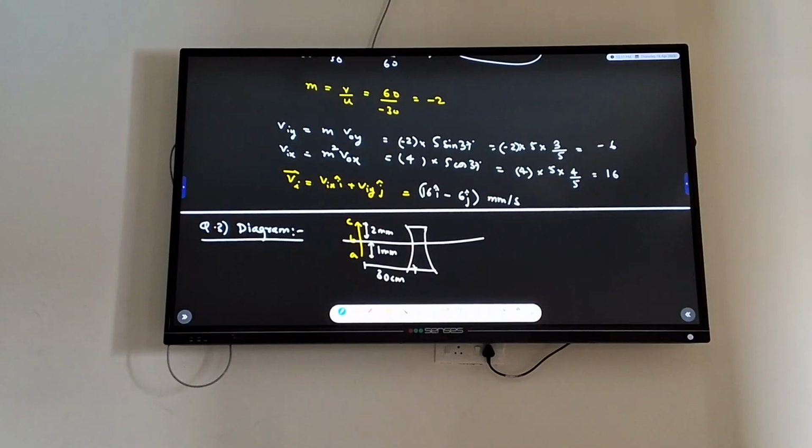Coming in. What is it? D? What is option D? Minus 20 centimeters. Plus 2 by 3. Ah. That's correct.